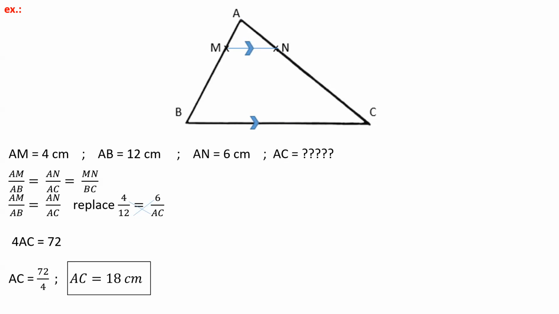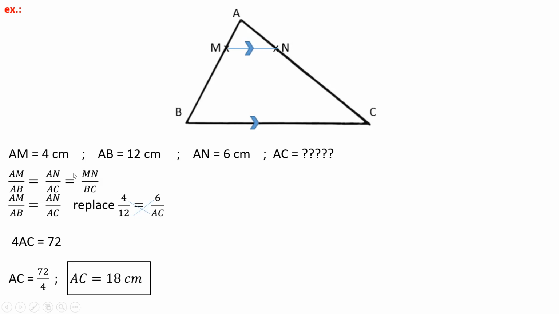I use Thales theorem to calculate a missing measure in a triangle. Since MN and BC are parallel, I use Thales theorem. Which vertex is opposite to the parallel lines? It's vertex A. So I write AM over AB is equal to AN over AC is equal to MN over BC.